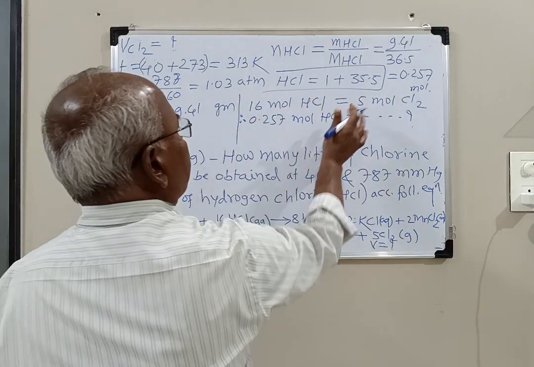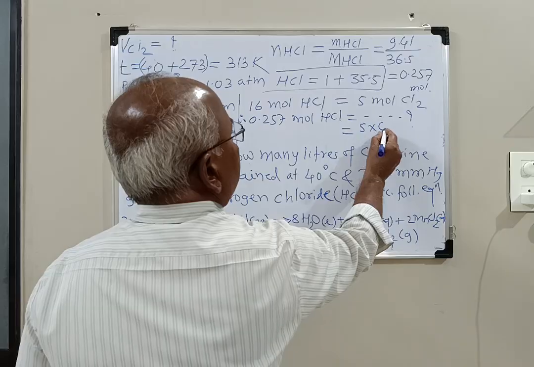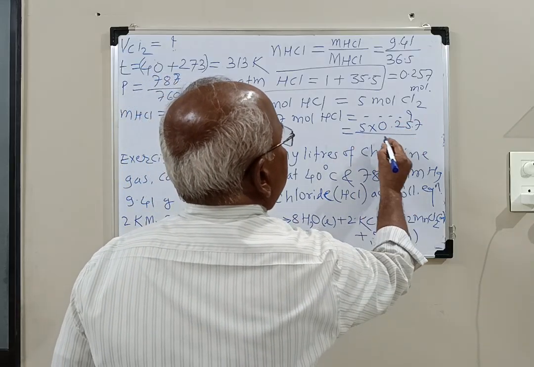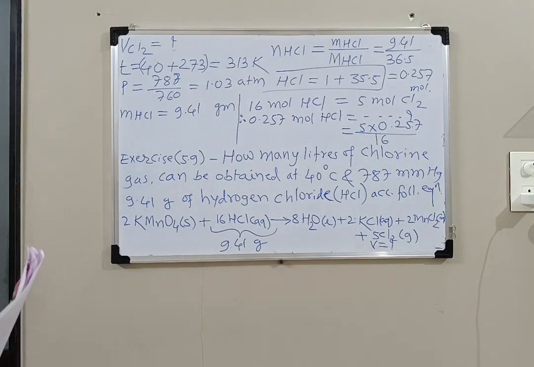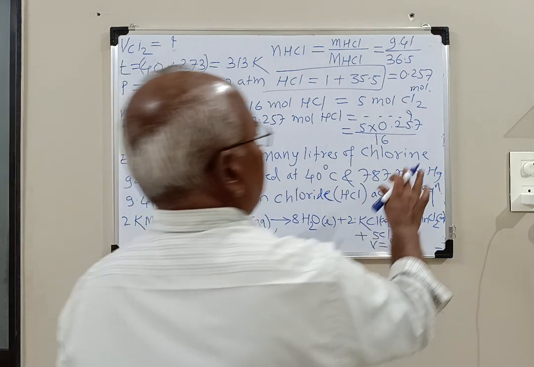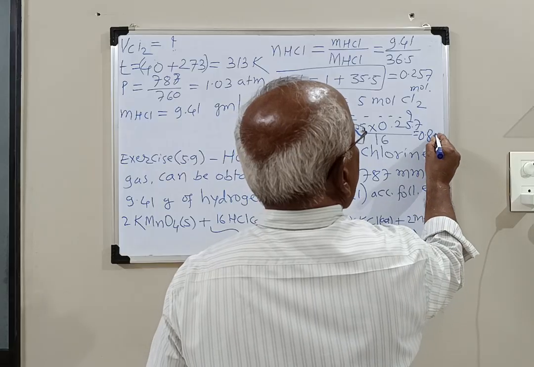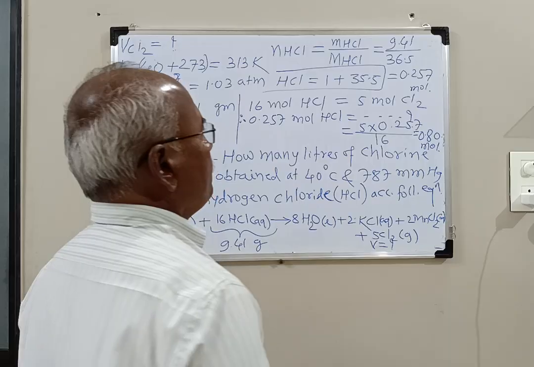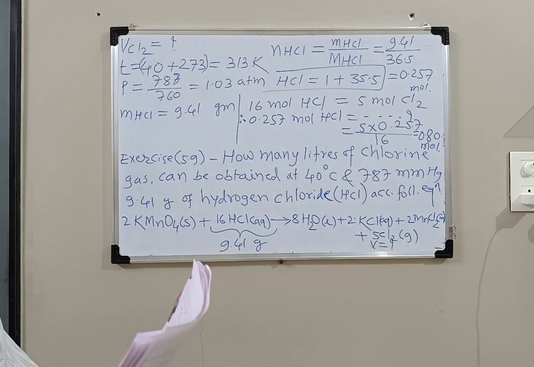Cross multiplication: 5 into 0.257 divided by 16. The answer is equal to 0.080 mole.